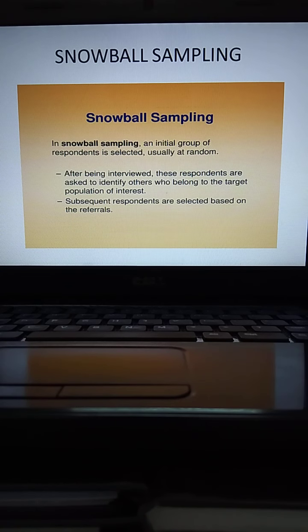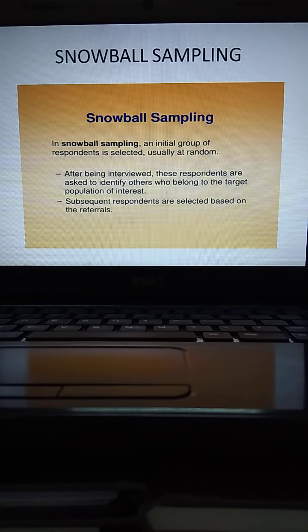The final one is snowball sampling. In snowball sampling, an initial group of respondents is selected, usually at random. After being interviewed, these respondents are asked to identify others who belong to the target population of interest. Subsequent respondents are selected based on the reference. Here, initially a few units will be selected, and again those units are given permission.